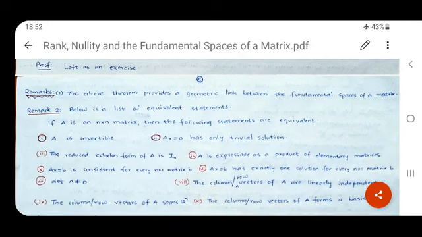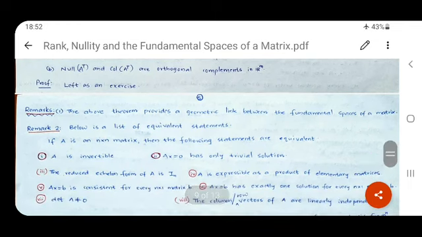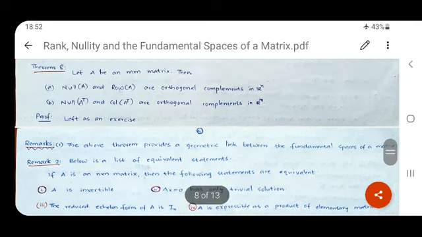The above theorem provides a geometric link between the fundamental spaces of a matrix. So the geometry comes in terms of the dot product. So these theorems give a geometrical link between the fundamental spaces of A: the row space of A, column space of A, null space of A, and null space of A transpose.